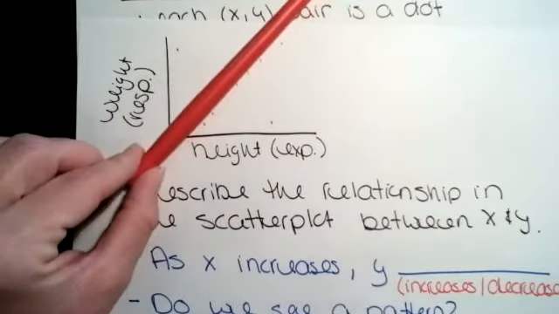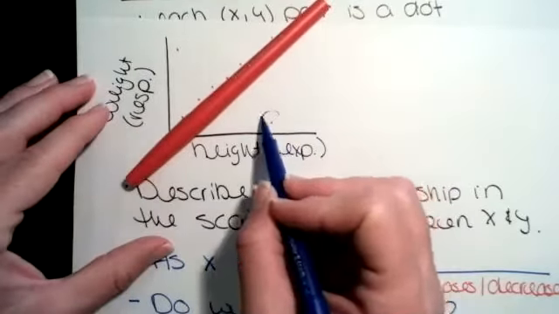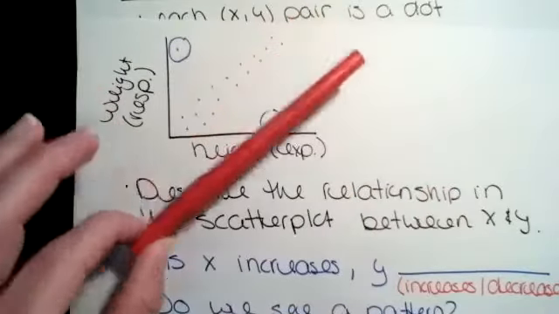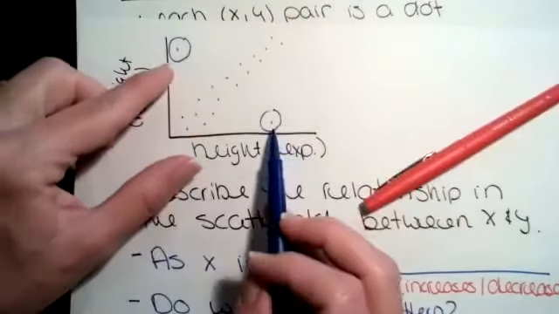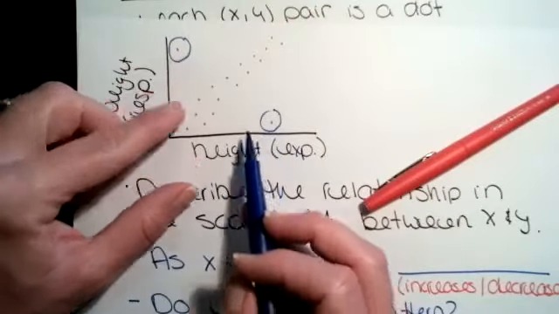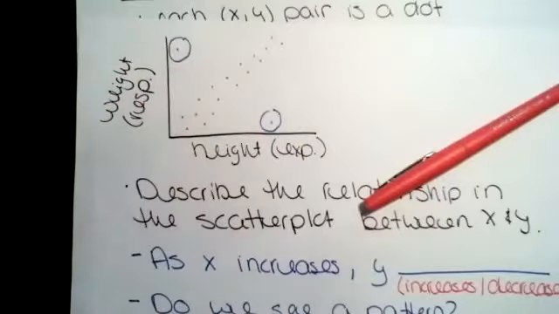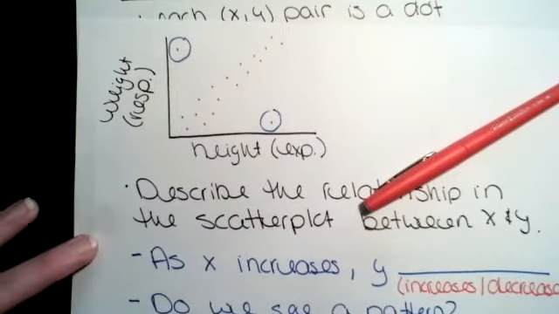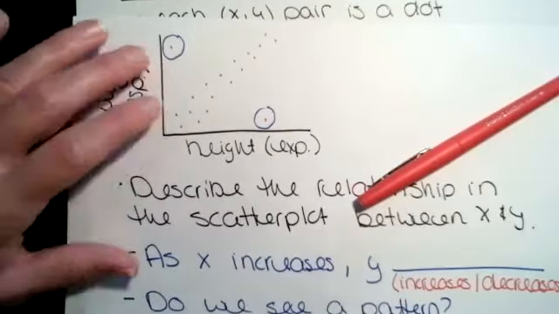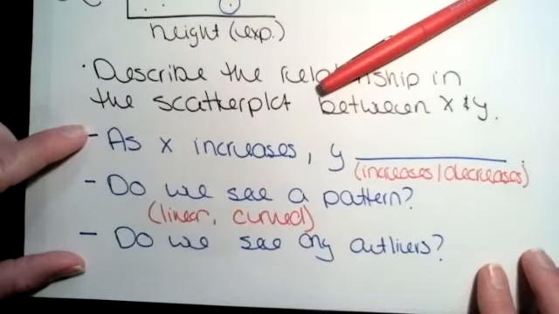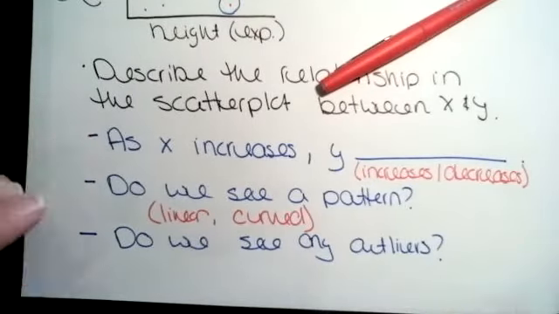But I do have something a little odd here, right? I have this value here and I have this other one over here. So what happens is these look like outliers, right? They look different from the rest of this data. So they look unusual. So I would mention that it appears that I have 2 outliers for this data set. And that's all we're looking at. You're just truly looking at this and just making some observations about the data, the paired sets, okay, based on just what we see.